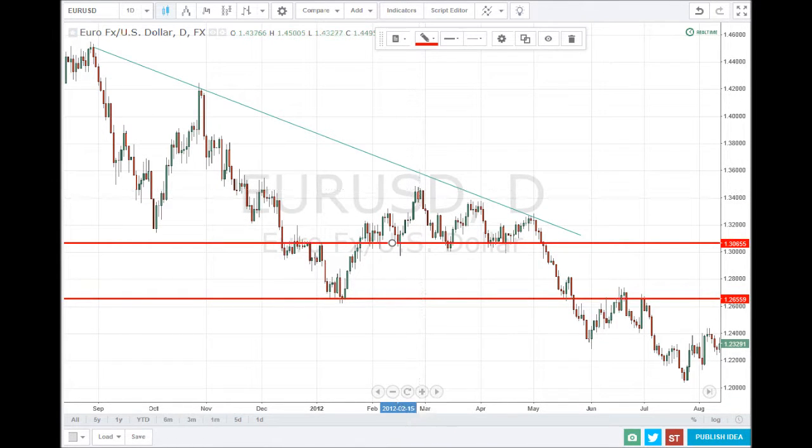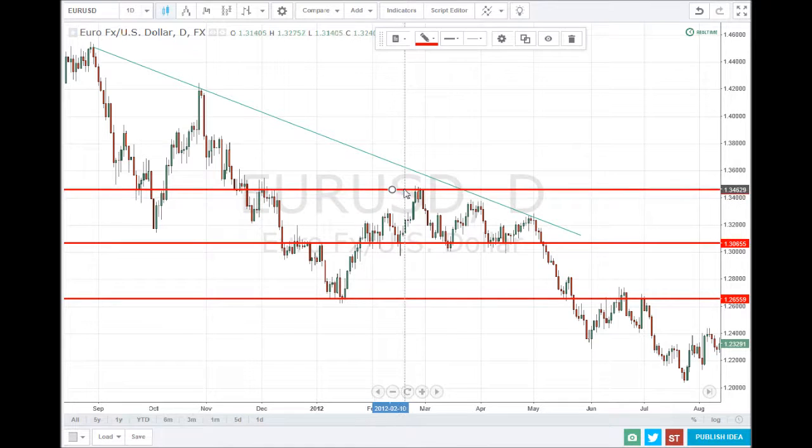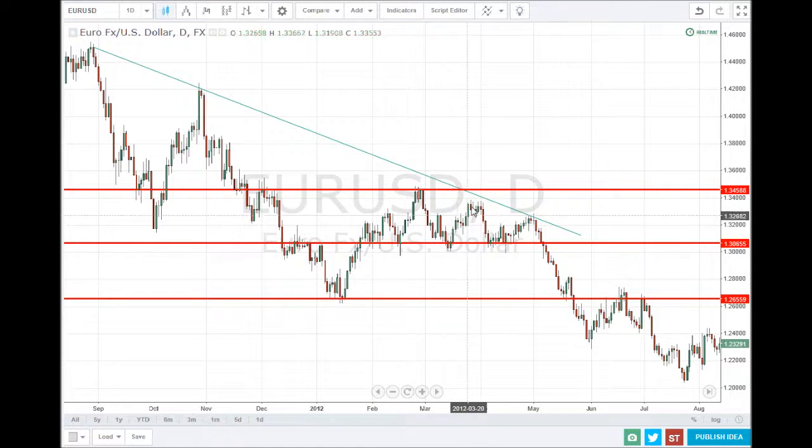And here. This support is held. Price goes on the upside, comes back down. We have a number of pin bars on this support that could be traded.